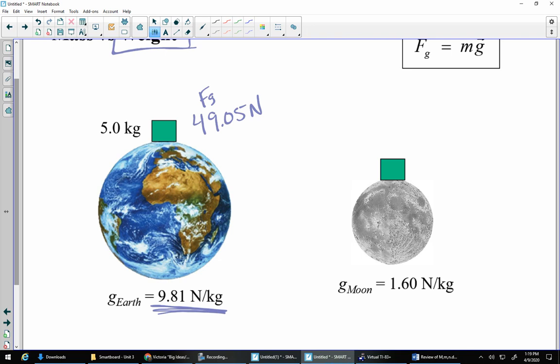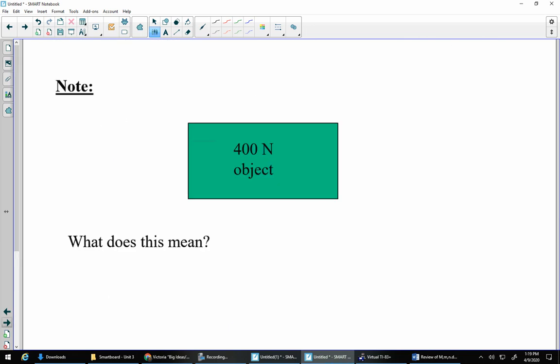But if I take that exact same 5 kilogram mass and put it on the moon, now 5 times the acceleration due to gravity on the moon, so 5 times 1.6, that works out to be 8 newtons. No sig digs or anything here, but a significant difference. So the weight is very, very different, knowing that the weight is force of gravity, but the mass stays the same. Cool.